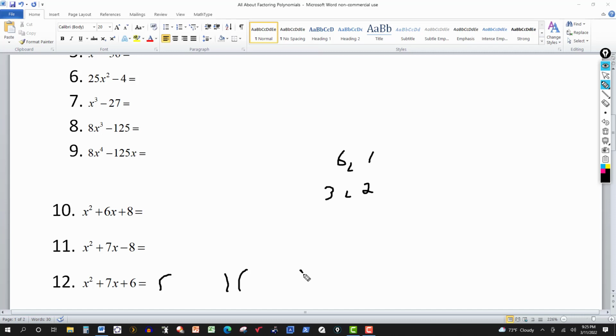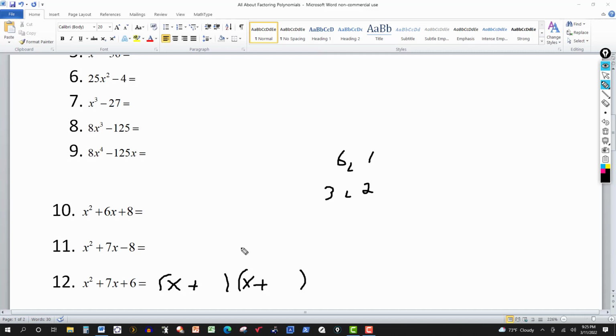So we want two numbers that multiply to give you 6 that add up to 7. In this case 7x. Well, we know the x has to be there, the x has to be there. If this third term is positive, both signs will be whatever the middle term is, so this will be a plus and a plus.